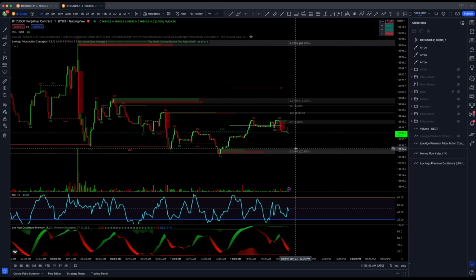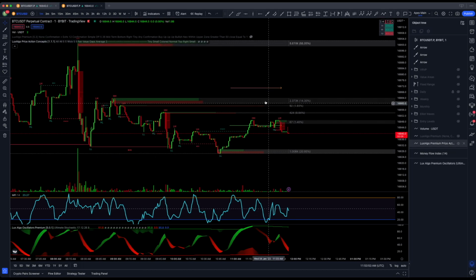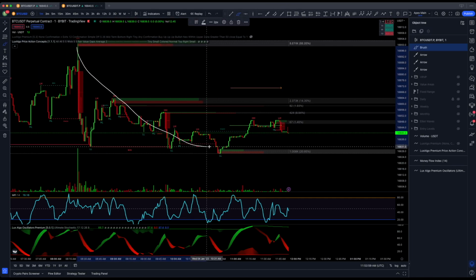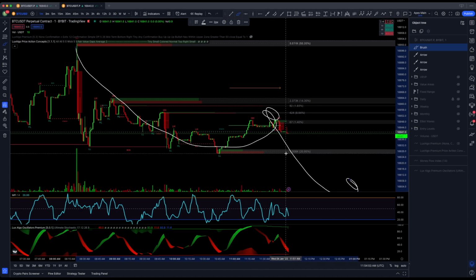That's really a correction before you can push on and carry on running again. But this could have been a correction. As I say, it had a move to the downside, corrected, and now more move to the downside is possible. So down, correction, and so on and so forth.